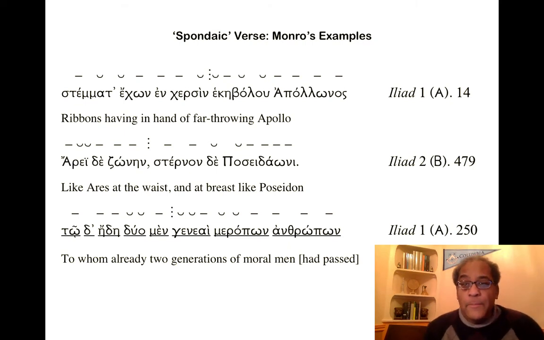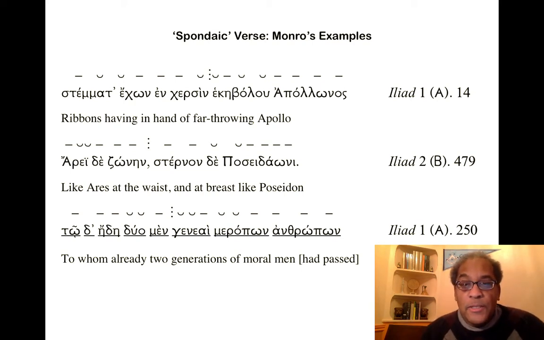So then the third example, again from book 1, is a description of Nestor, the wise old man, somewhat wordy, of the poem, to whom already 2 generations of mortal men had passed. "Toi hede duomen genea meropon anthropon."